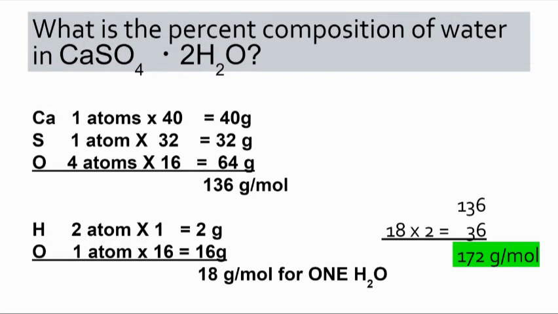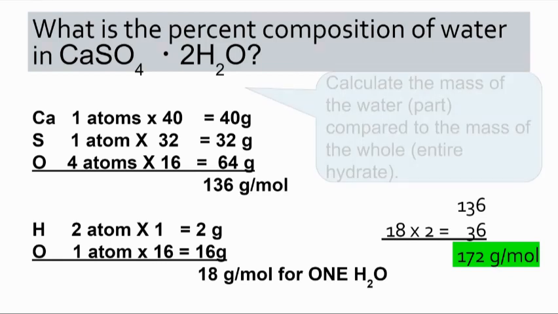So what's the percent composition of water in calcium sulfate dihydrate? If we look at our previous work, we need to identify our part and our whole for this question. It wants to know the percent composition of water, so the water portion of the molecule had a mass of 36 grams, whereas the whole, or the mass of the entire compound, was 172 grams.